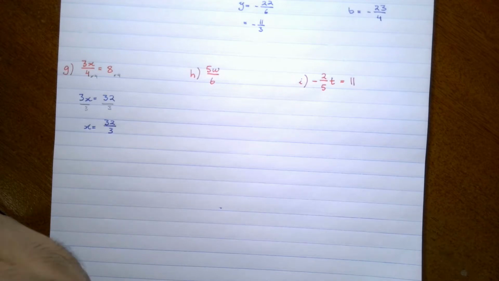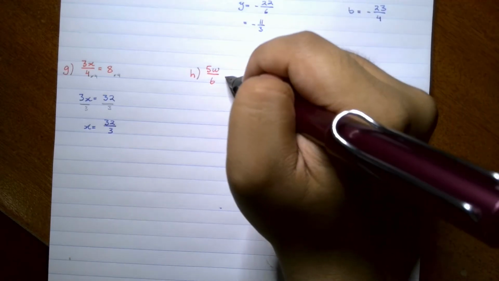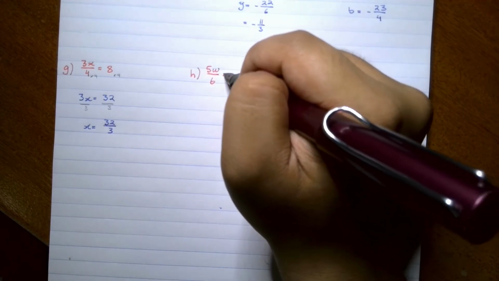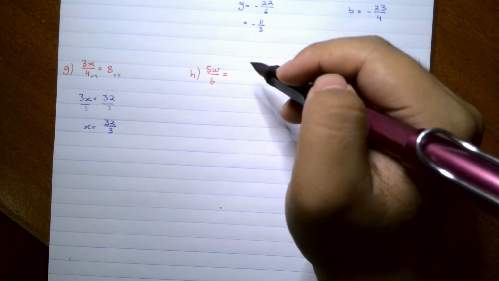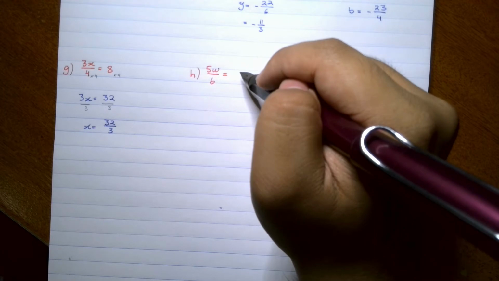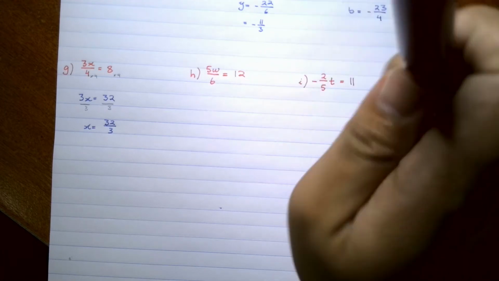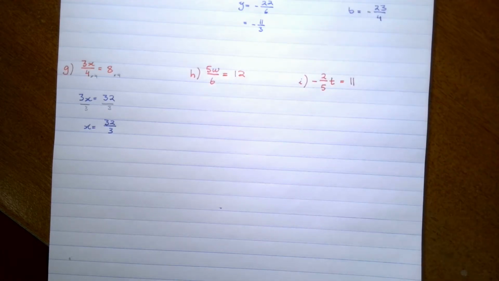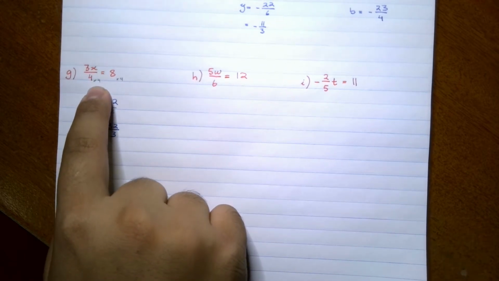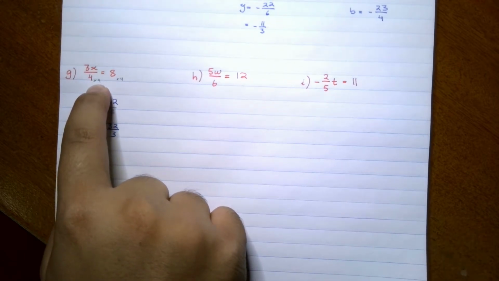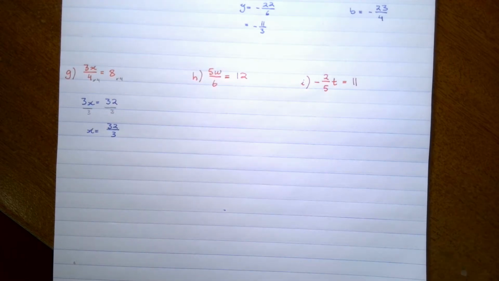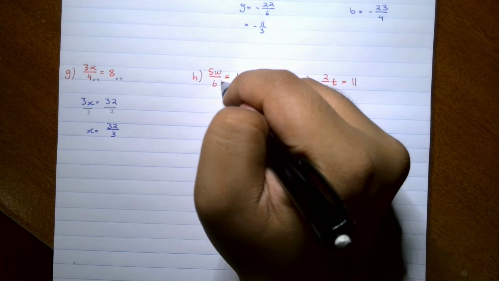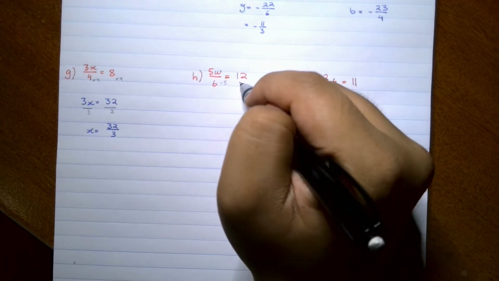I just noticed that this does not have an equals. Let's just say that this value here is going to be, let's make it a random number of 12. Let's see what we get here. In this last example, we multiplied the denominator first. I'm going to demonstrate to you what happens if we do the division first. Here we go. So we're going to divide both sides by 5.